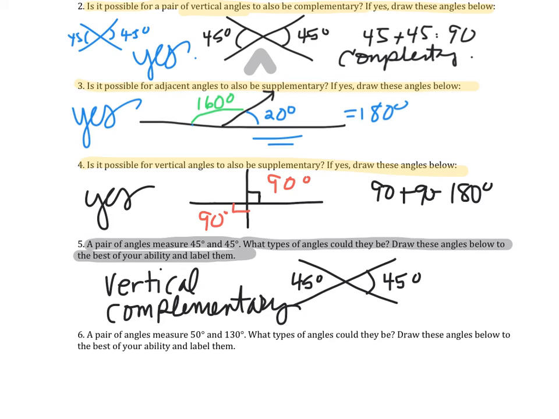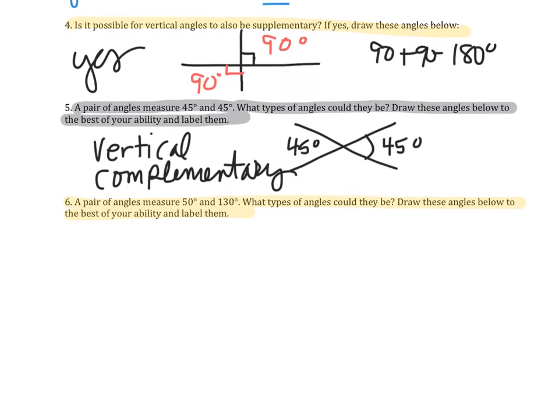Okay. All right, let's look at this one. A pair of angles measure 50 and 130. What types of angles could they be? And draw them to the best of your ability below. All right, well, if I look at just 50 and 130 right here, I know that 130 plus 50 equals 180.